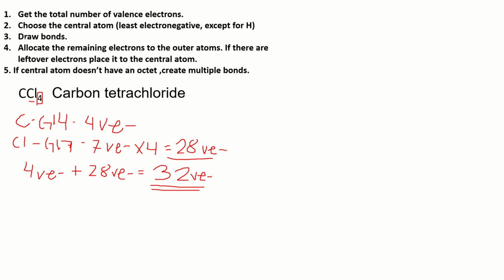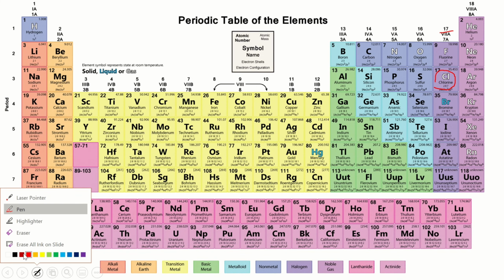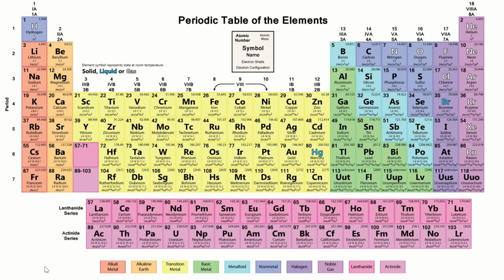Step 2, we're going to choose the central atom. The central atom has the least electronegativity, except for hydrogen. When we say electronegativity, this is the tendency of the atom to attract electrons. The electronegativity here increases from left to right.